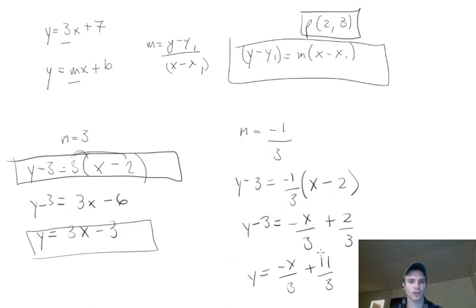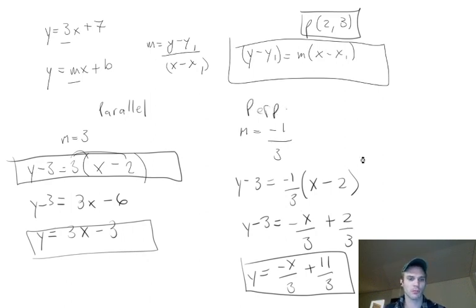Okay, so we have two equations in slope-intercept form, and that gives us a line parallel, and this is perpendicular.